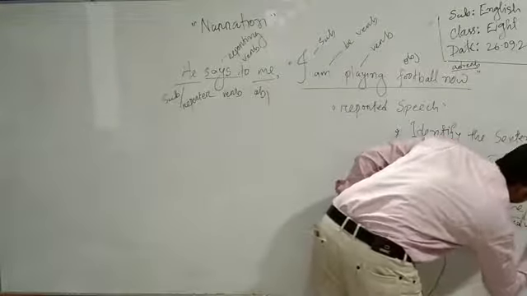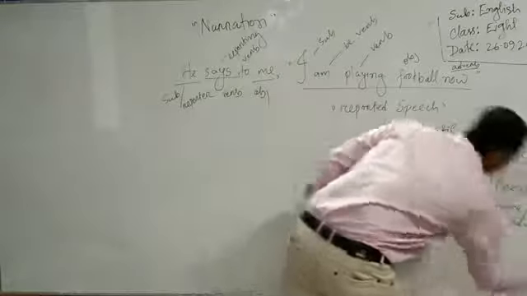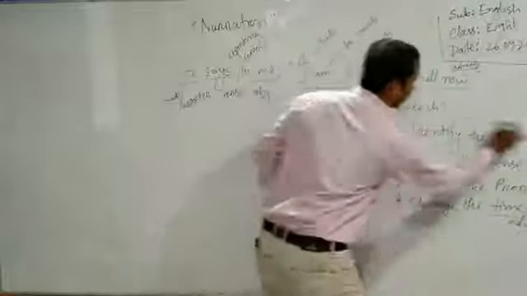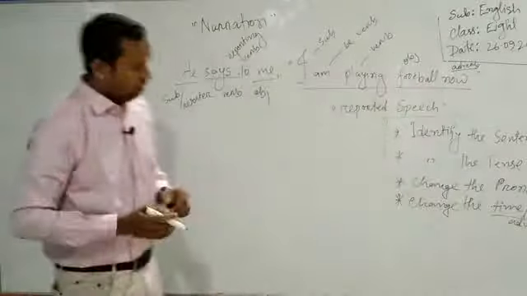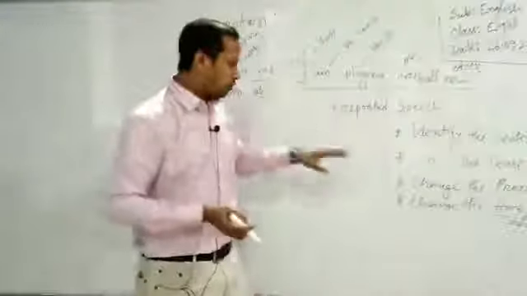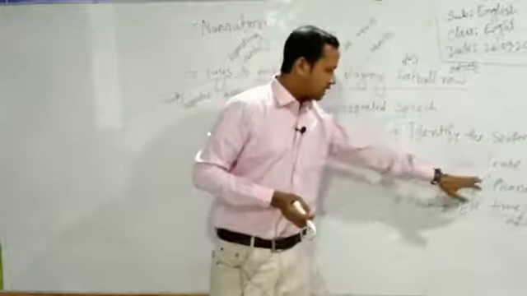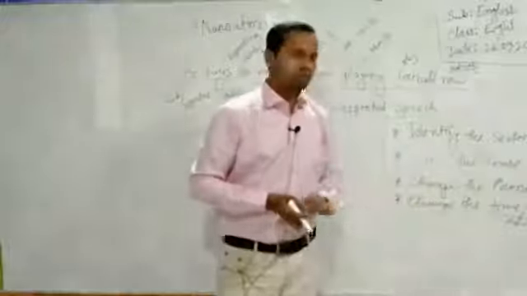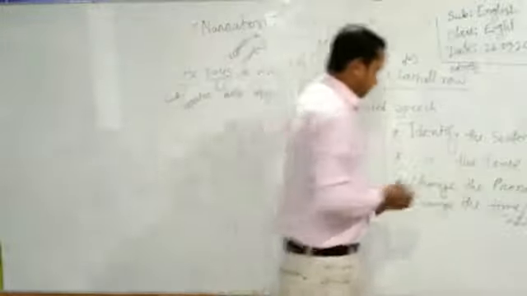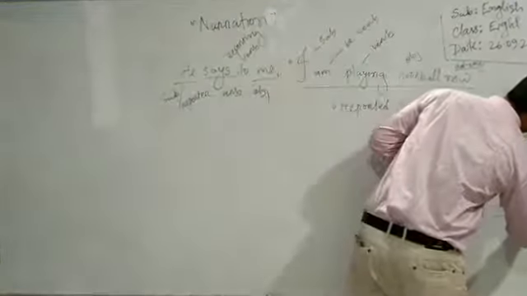Okay. So I am repeating once again, to change a direct sentence to an indirect one, you have to follow these 4 rules. That means at first you have to know the sentence and tense, then you have to change the pronoun, and finally change the time and place. And in case of changing the tense, you have to follow the changing rules of verbs.